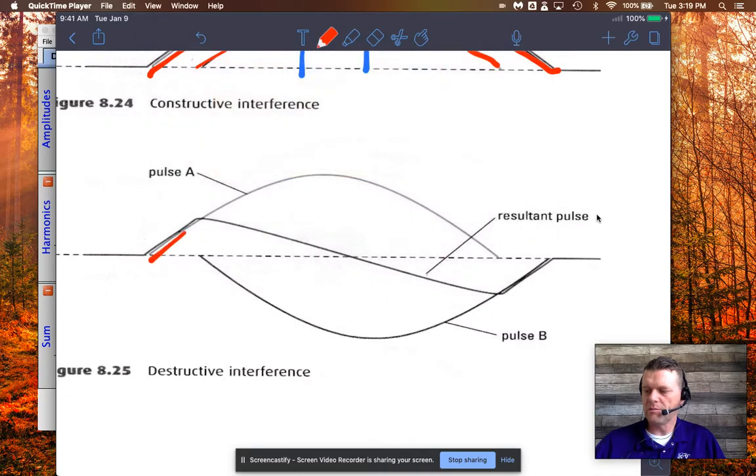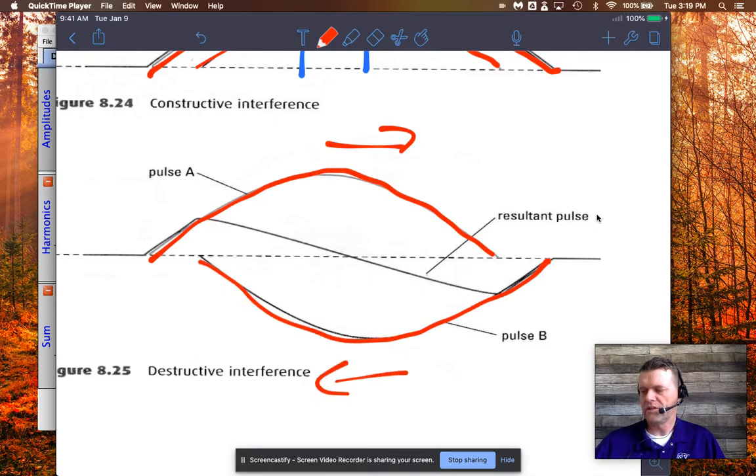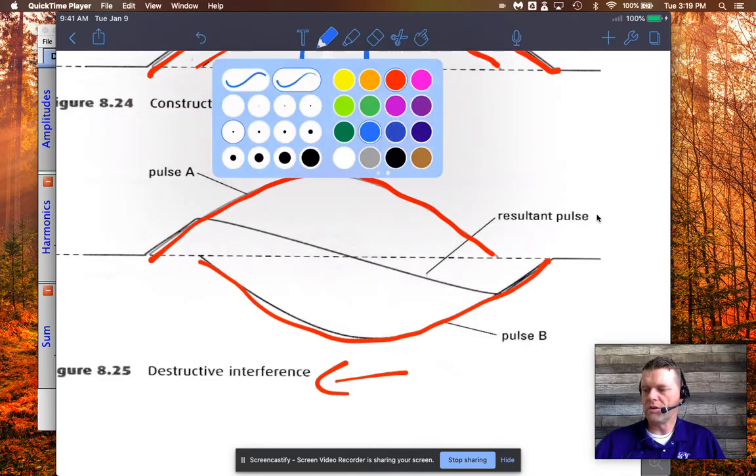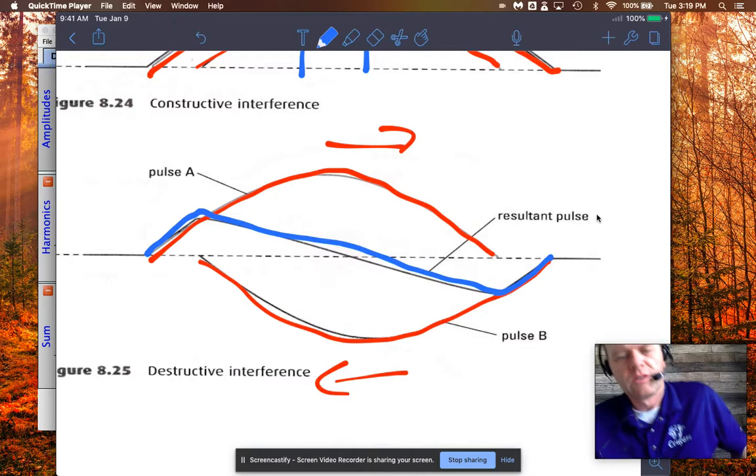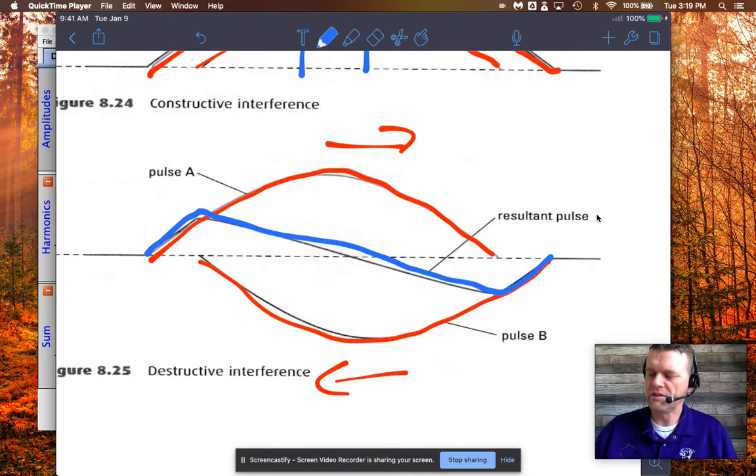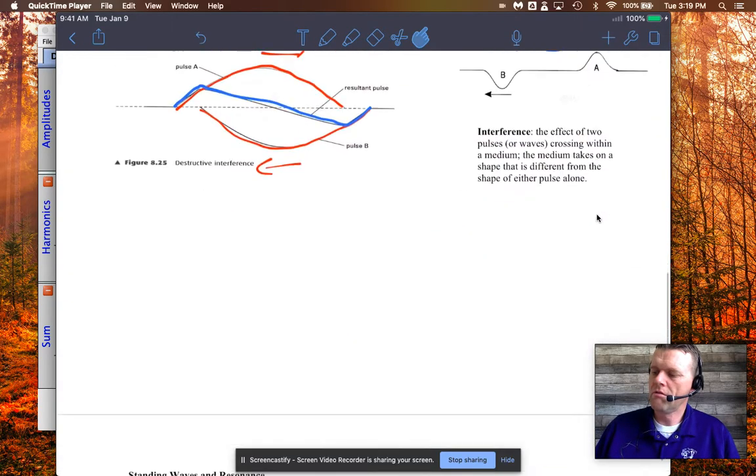Pulse A is this pulse here, moving to the right, and here is pulse B moving to the left like this. And their resulting wave would be this kind of cross here, because both of the waves would cancel out.